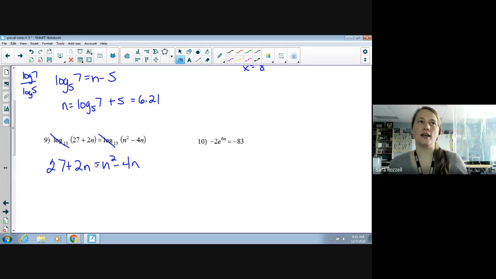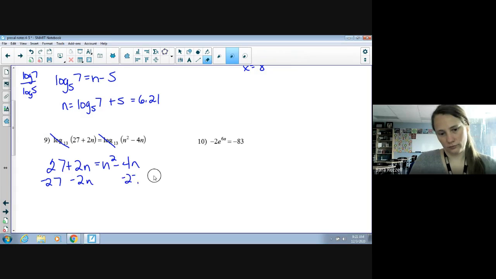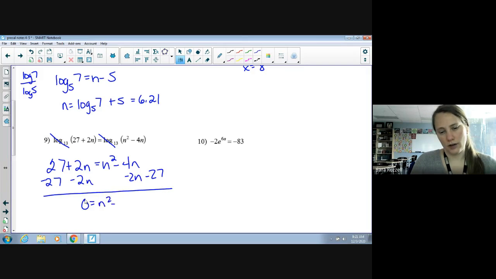Once it's a quadratic, move everything to one side. I'll pick the side with the positive n squared on it. I'm going to subtract 27 and subtract 2n, lining it up underneath these. So 0 equals n squared minus 6n minus 27.